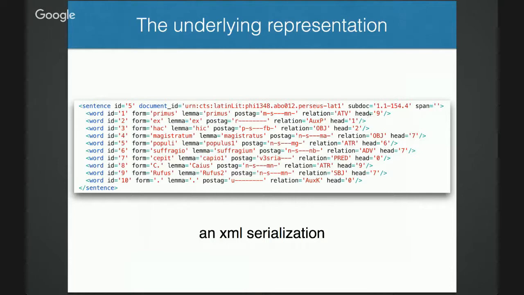The head here means that this word primus is dependent on the word with ID number 9, which is Rufus. So as you can see, I think it is pretty easy to understand how this works.